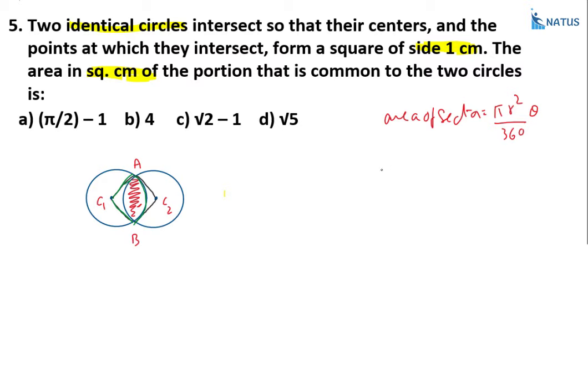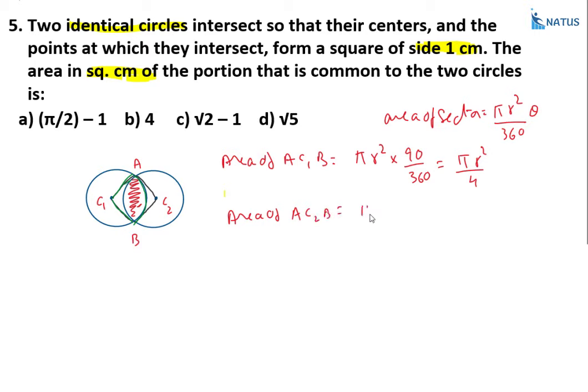Now, area of AC1B is equal to pi r square into 90 by 360, that is equal to pi r square by 4. Now area of AC2B is equal to pi r square into 90 by 360, same.